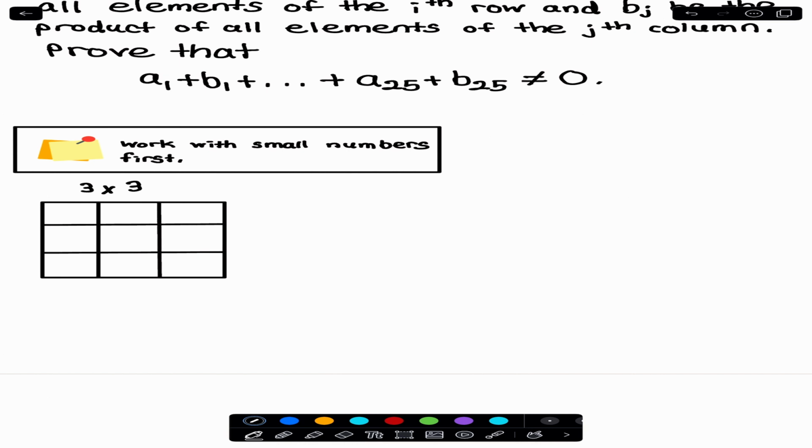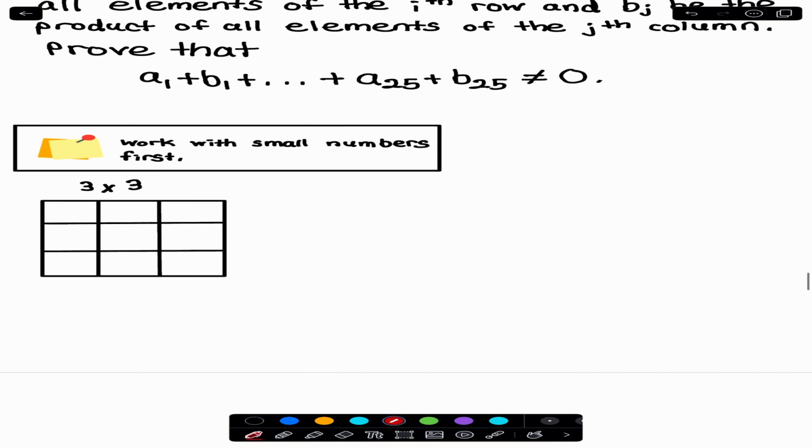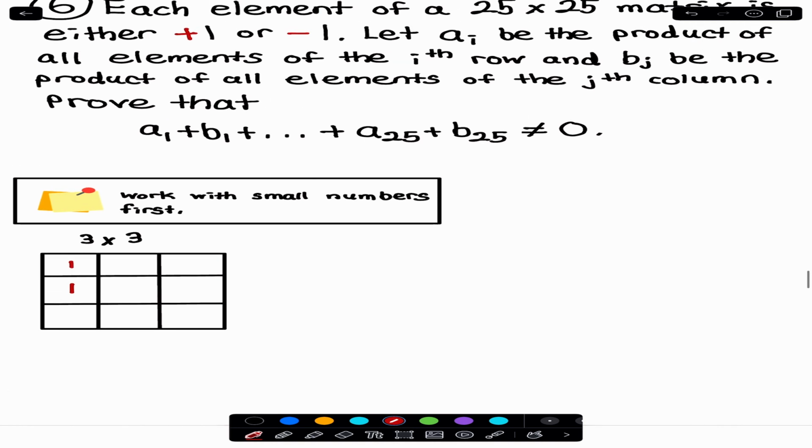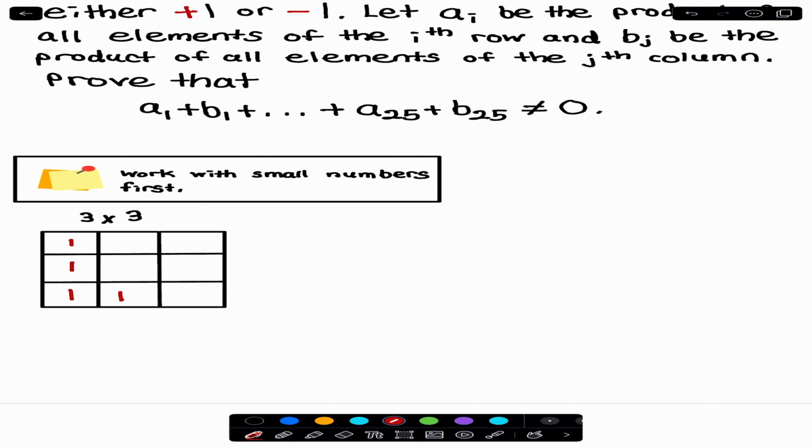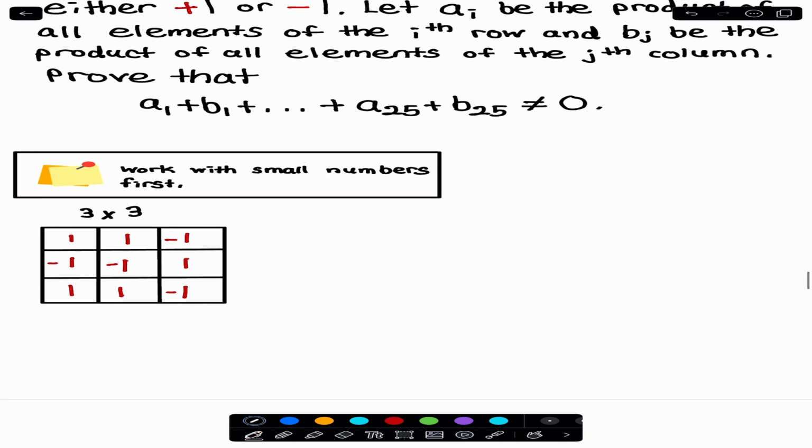It might not be perfectly straight, but hopefully that's good enough. Let's play around with some examples. Remember, every element is either +1 or -1. So let's fill this up, and maybe throw some minus signs in there. We're going to do a few quick calculations.